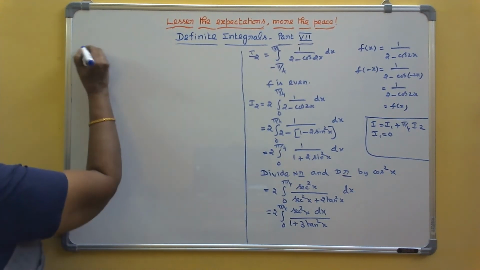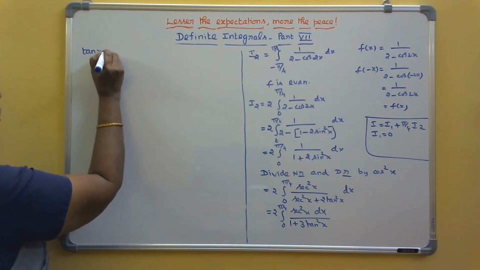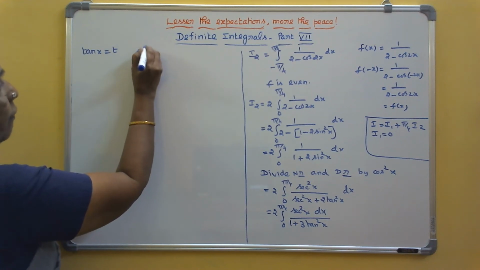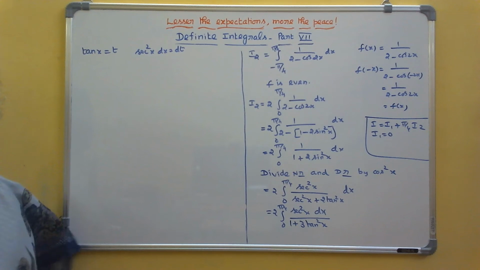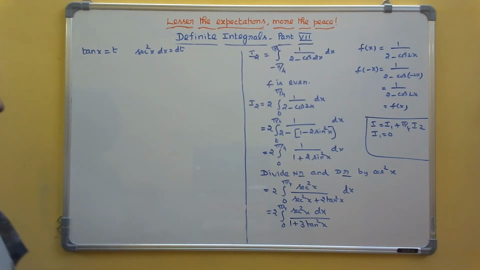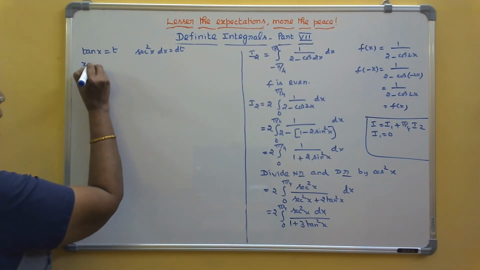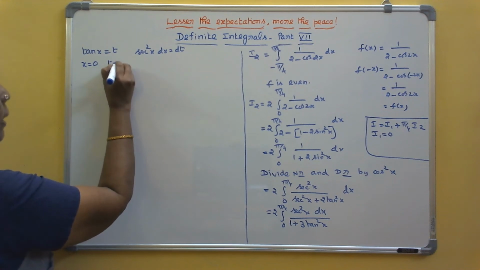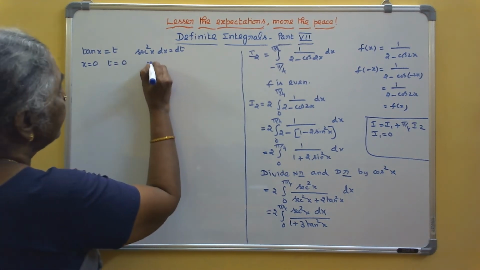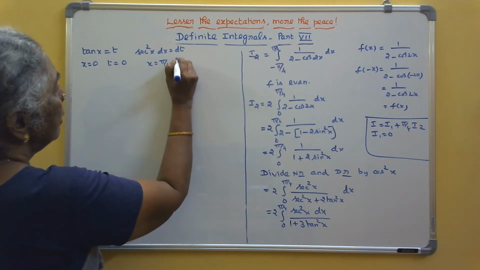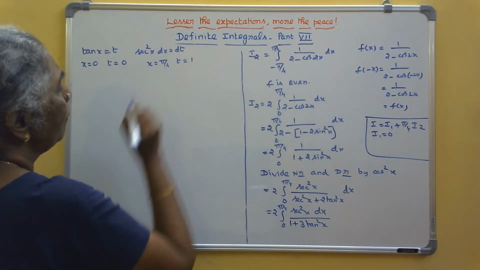Now tan x is equal to t, we are going to substitute. So if you differentiate, secant squared x dx is going to become dt. Now let us come to the limits. When x is equal to 0, t will be tan 0 which is equal to 0. When x is equal to pi by 4, t will be tan pi by 4 which is 1.